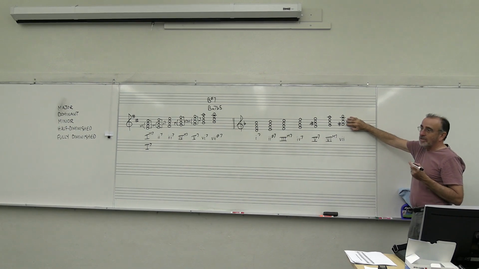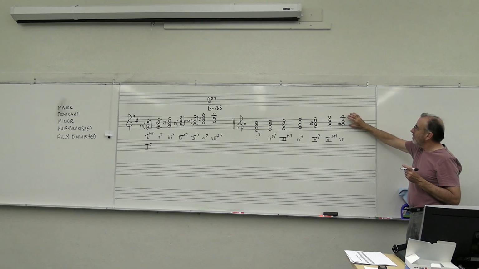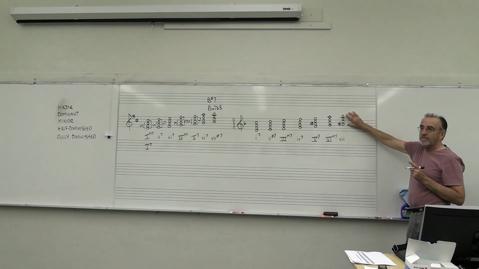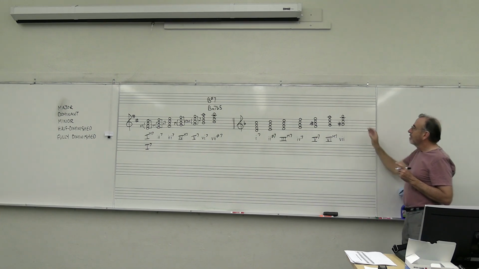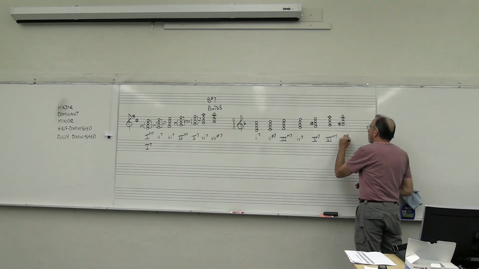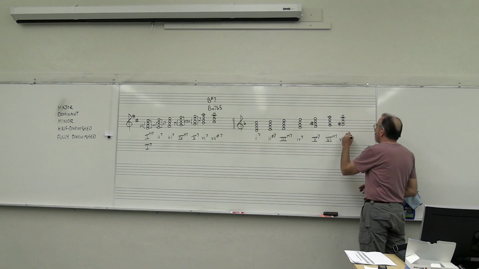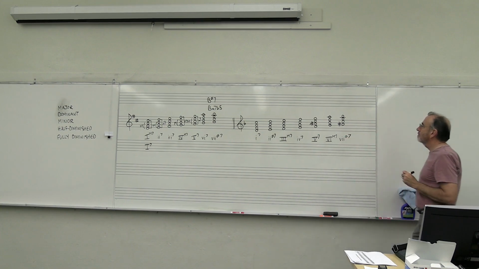Because if I build a major triad on C sharp, it would be C sharp, E sharp, G sharp. But then we have lowered third, lowered fifth, so that's diminished, right? So diminished triad, and then C sharp to B flat is also a diminished seventh, yeah. So this would be a fully diminished seventh. And for that, we use the circle without the slash and then the superscript seven.